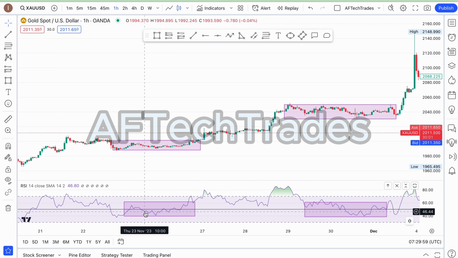So now we'll dive into how to place our trade using the ranging market strategy to maximize profit and minimize loss.